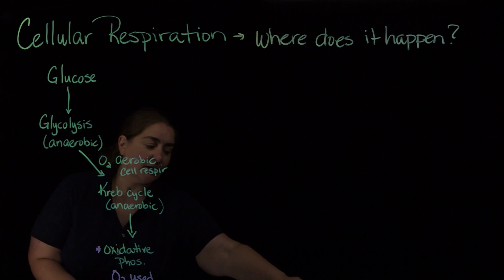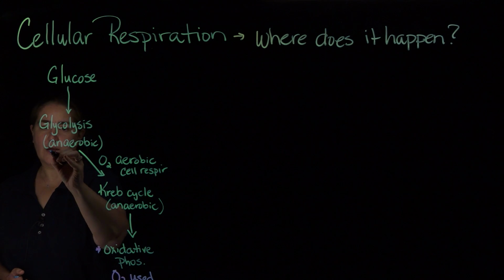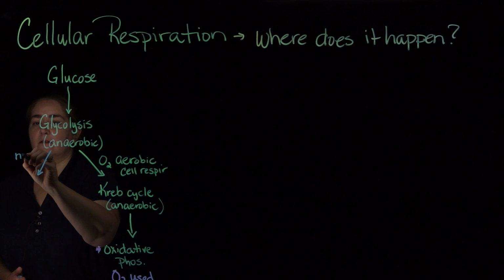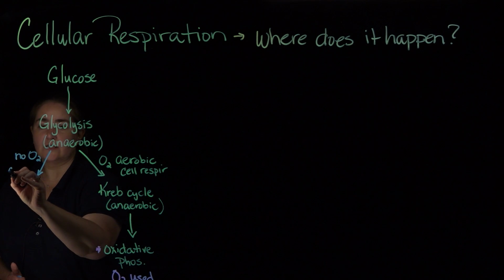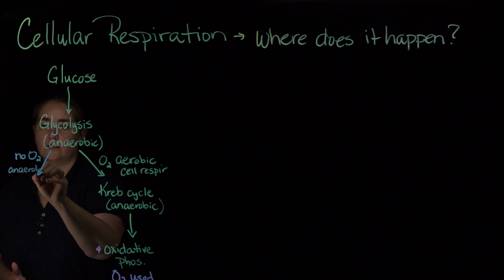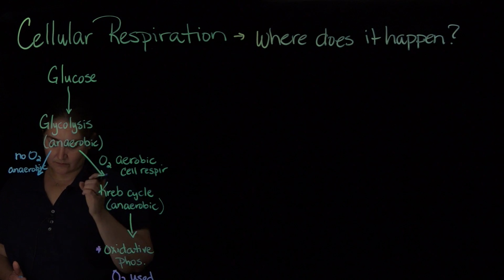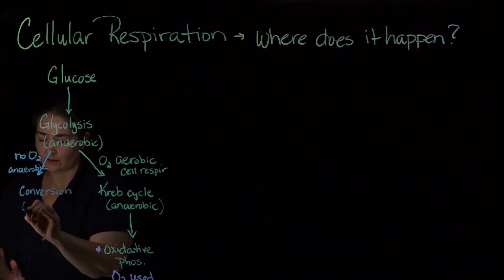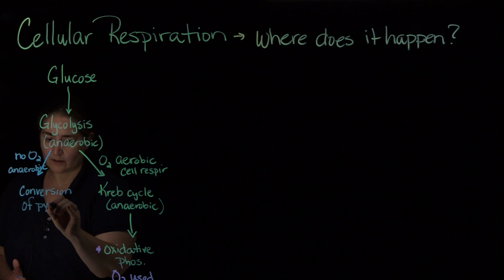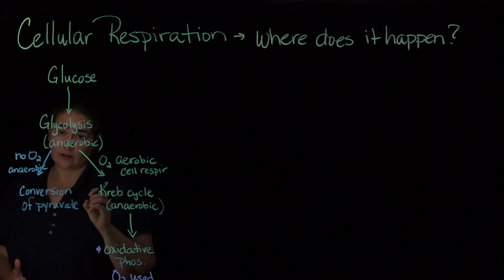Now, alternatively, we can have a completely anaerobic pathway. If we don't have oxygen, this would be anaerobic as far as our respiration goes. In this case, we are going to have the conversion of our pyruvate, generated as one of the products of glycolysis.